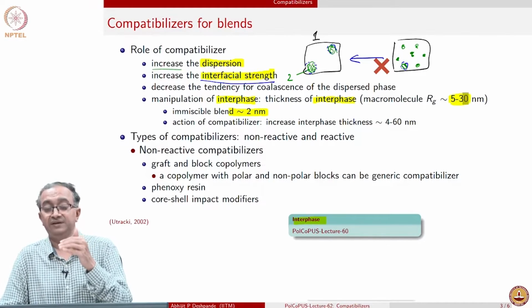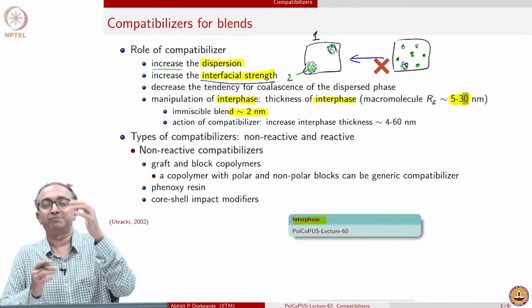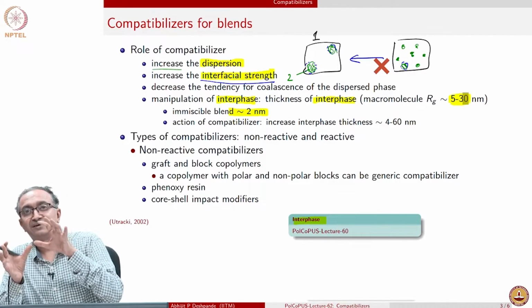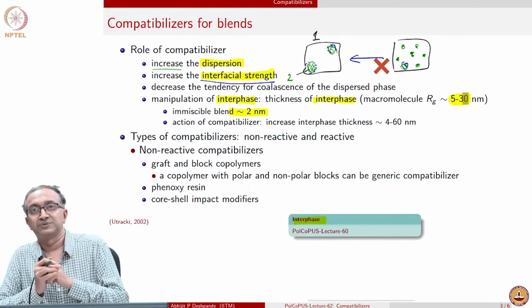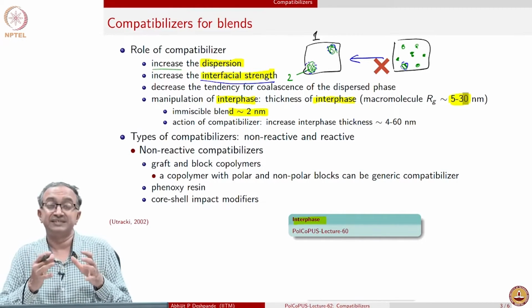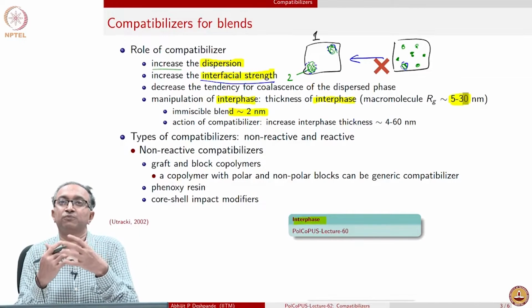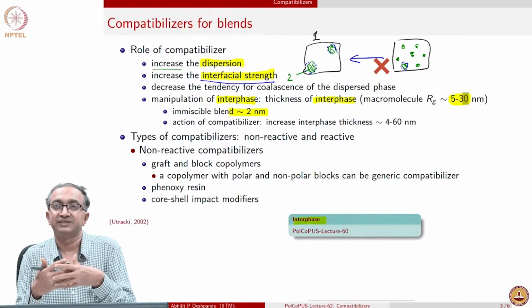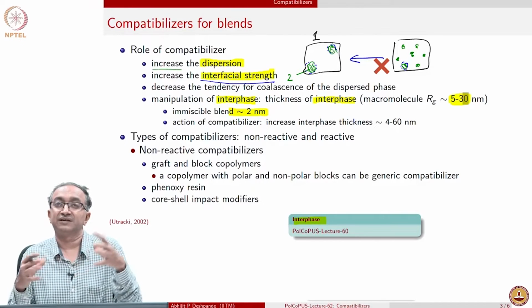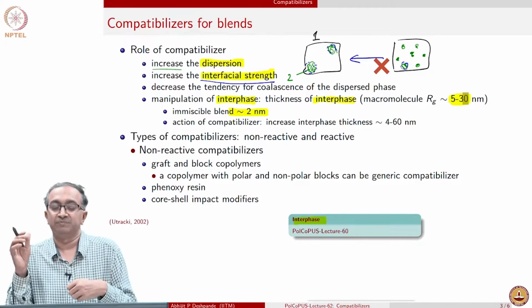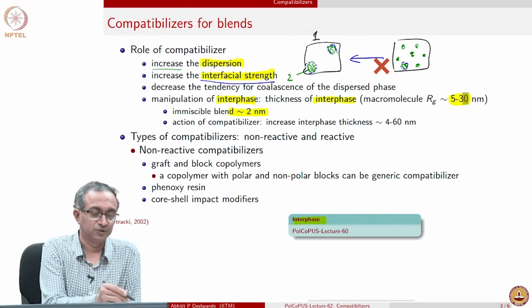So, if the interface is only 2 nanometers, it implies that there is a very stark boundary between the two macromolecules. But if the interface region is larger, that implies that the two macromolecules are interacting favorably with each other, so that there is a gradual transition between molecule 1 and molecule 2.